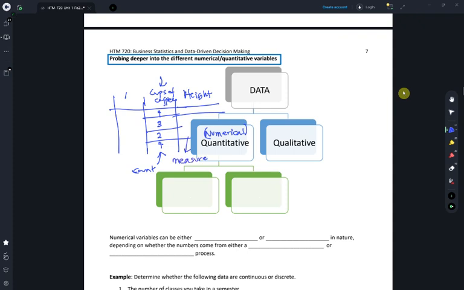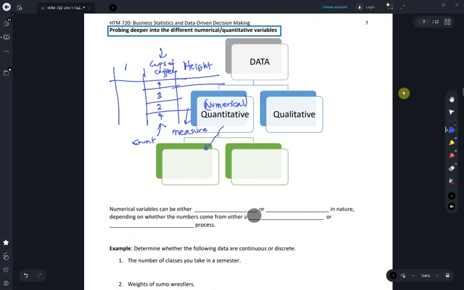So depending on whether you count or measure to arrive at a numerical data value, we can classify numerical variables as either discrete, if you're counting to get that value, or continuous numerical variable if you're measuring to get the value.